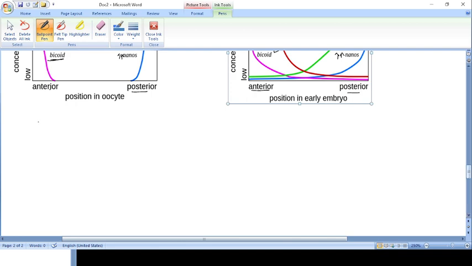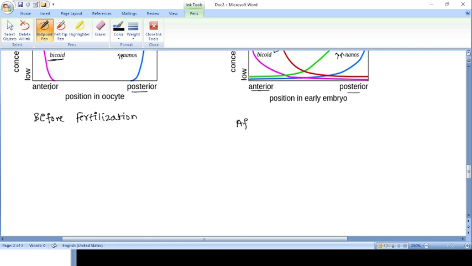We'll take down that before fertilization and after fertilization.